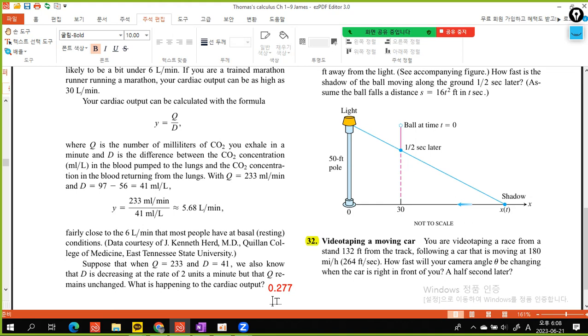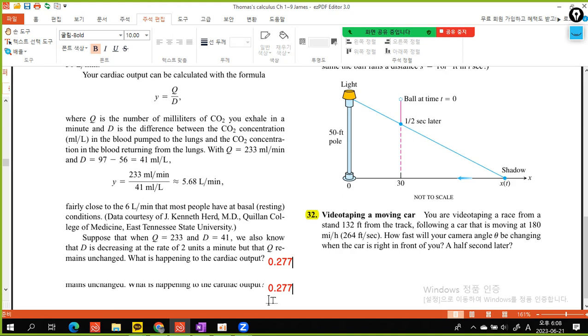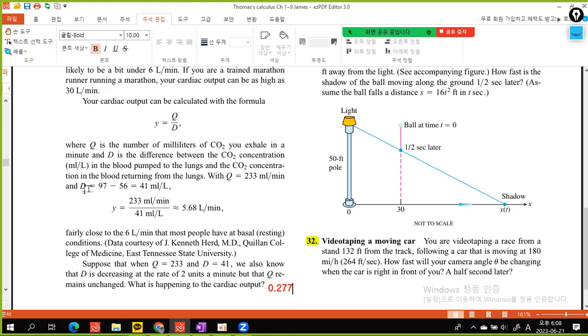And the sign is positive, that means the cardiac output is increasing. So this D means difference, the difference between the carbon dioxide concentration. So if the D is decreasing, that means gas exchange does not occur efficiently. So that's why the heart cardiac output is increasing. So the heart gets more burden.